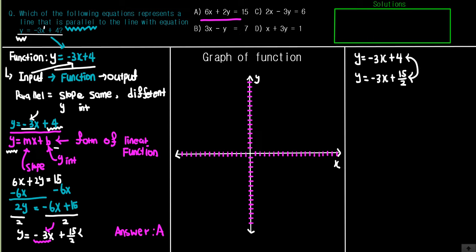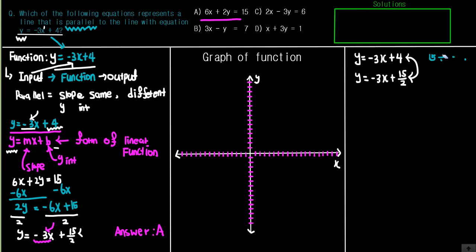So before we graph it, if you look at our function, if there's a fraction such as 15 over 2, it's hard to graph, so all we have to do is convert it into an easier number. So 15 over 2 just means 15 divided by 2, which can be simplified as 7.5.